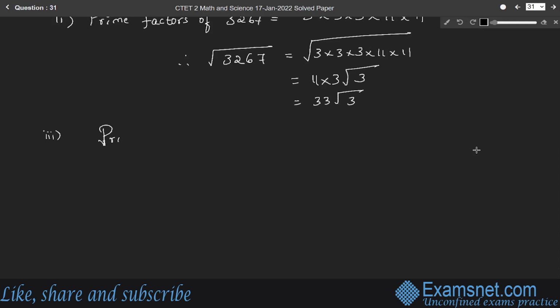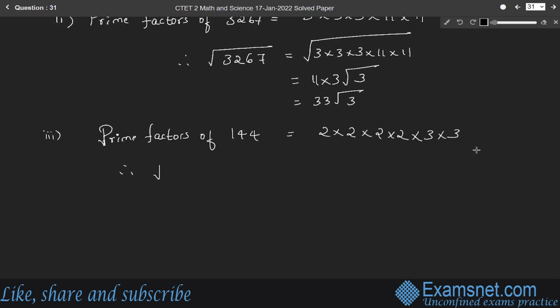So let us write prime factors of 144: 2 into 2 into 2 into 2 into 3 into 3.